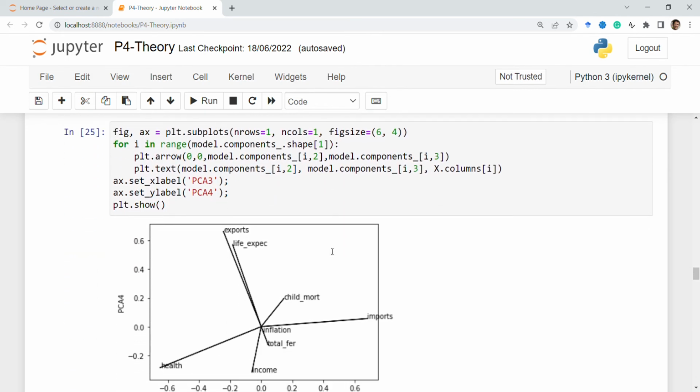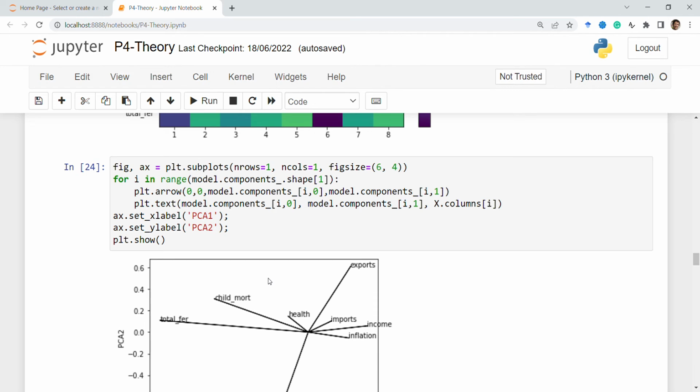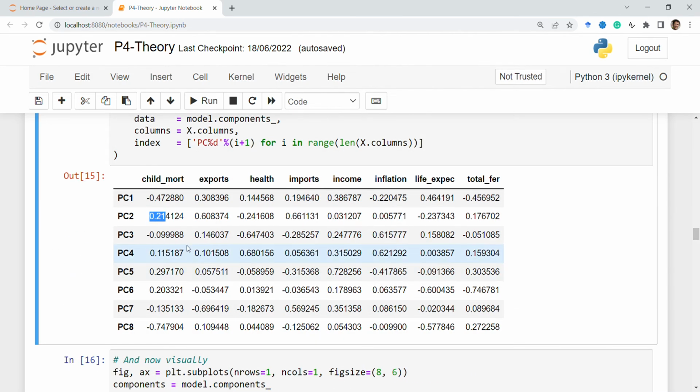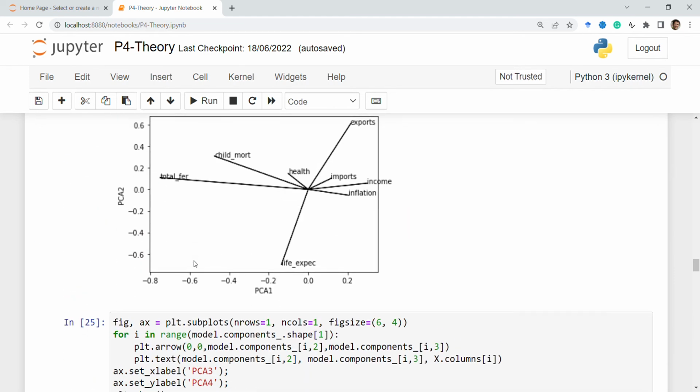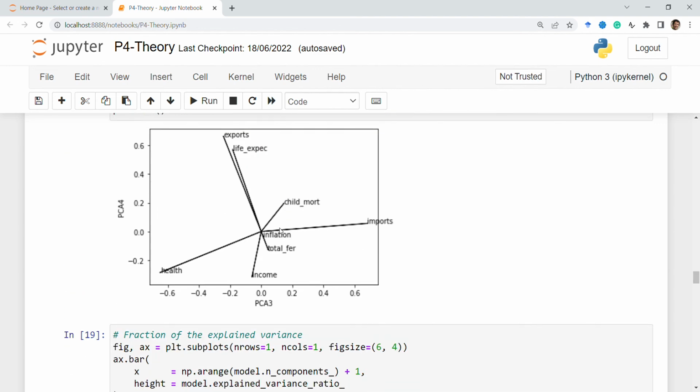And then we can make the same kind of analysis for PCA3, PCA4. The coordinate of a variable in that plot would be, for instance, this one, minus 0.099, 0.11. So child mortality here should be there.